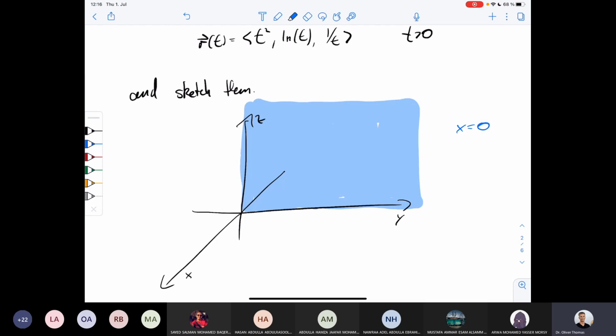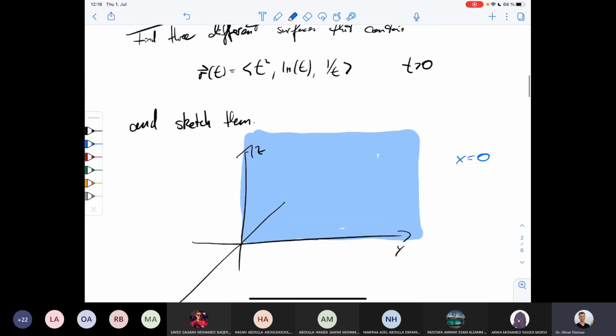This is definitely one surface, but this particular surface does not contain the whole curve. Why? Well, if, for example, we look at the value at t equal to 1, then we have something like 1, something, something.